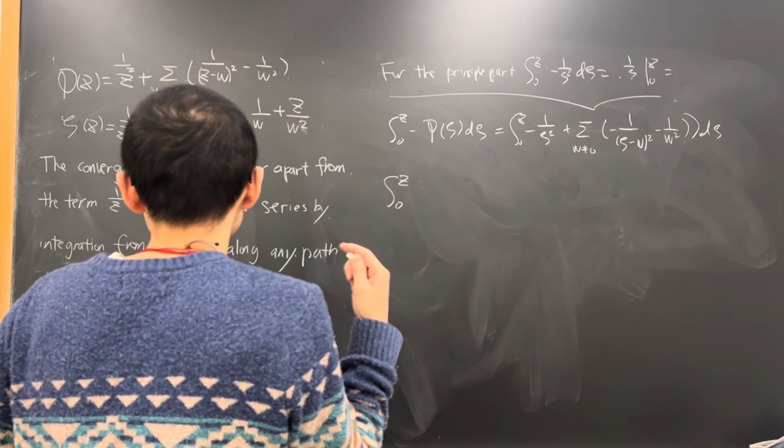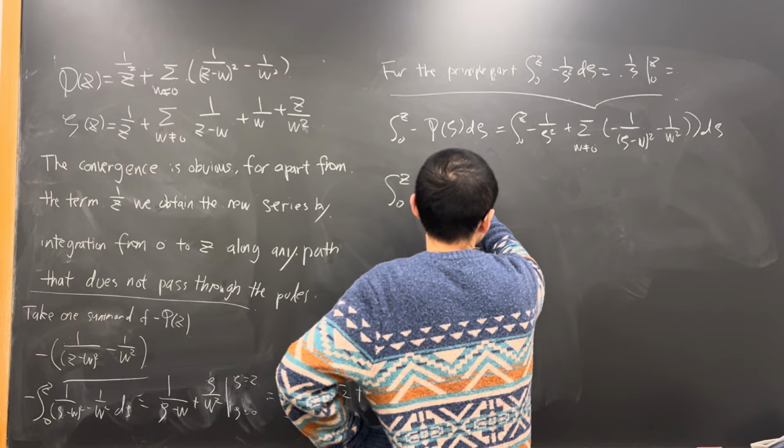So at each point, the value, because we know that PZ, of course we showed the convergence of the rest part, right? So the rest part converges at any point. Yeah. So basically you can take the integral, right?